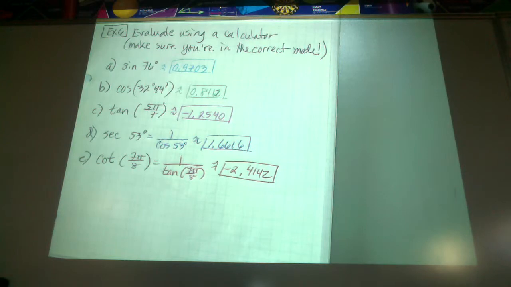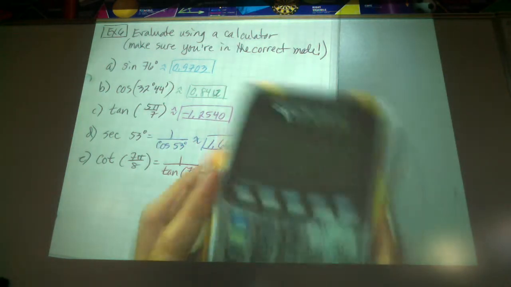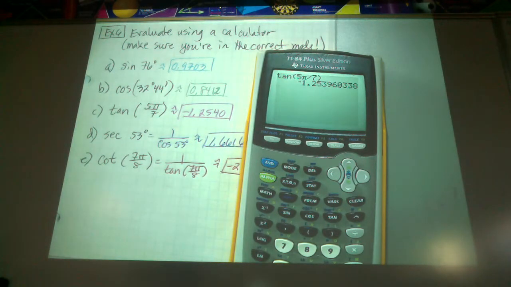Oh, because it didn't change when I changed it. Must not have pressed enter. So tangent of 5 pi divided by 7. Now with it in proper radian mode, there you go.